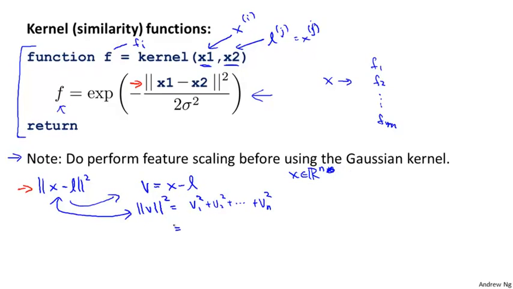And so written differently, this is going to be (x1 minus L1) squared plus (x2 minus L2) squared plus dot dot dot plus (xn minus Ln) squared.